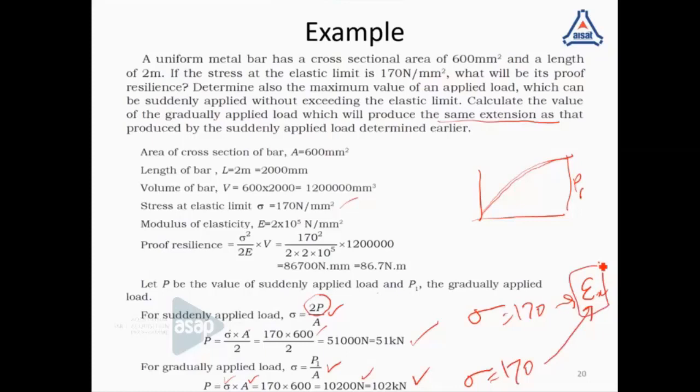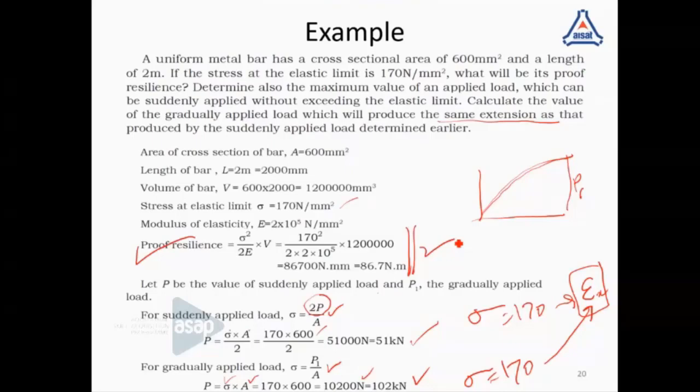So this problem utilizes only the basic principles. The only thing we use here is the proof resilience, the strain energy density. That expression alone is used. There is nothing related to what we call the strain energy method.